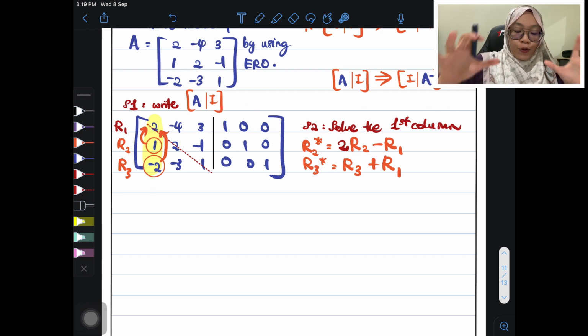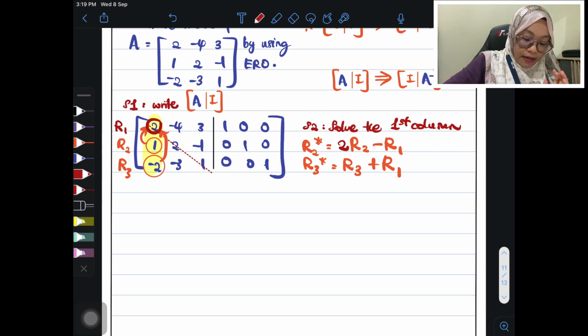That is how you do the operation thingy. You mesti berpaksikan dengan dotted line kamu. Okay, dotted line itulah menjadi guideline untuk kita tambah dan tolak. So now let's us do it.